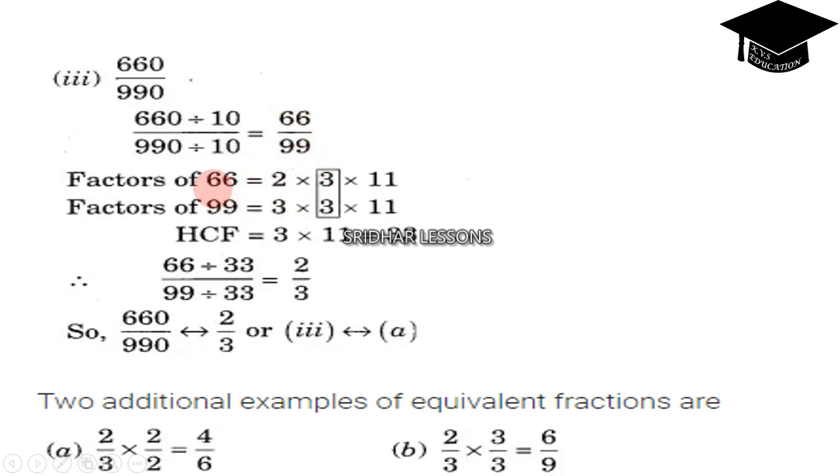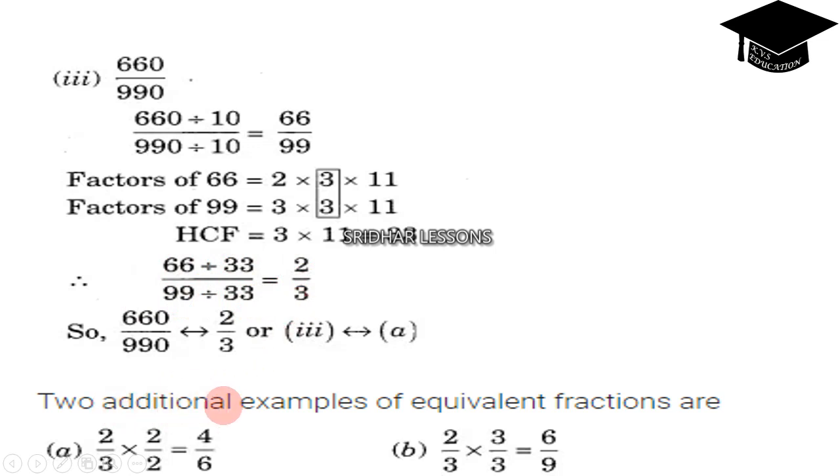Now we are going to find the factors of 66. 2 into 3 into 11, and the factors of 99 are 3 into 3 into 11. So the HCF is 3 into 11, 33. So 66 divided by 33 by 99 divided by 33 is equal to 2 by 3.